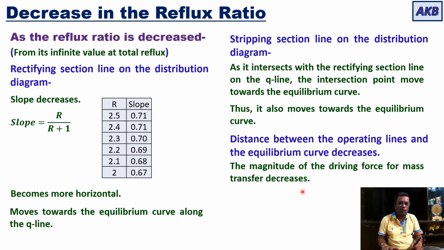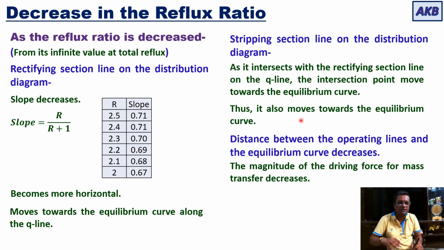Okay? So over here we have understood what happens if the reflux ratio is decreased. If the reflux ratio is decreased, the slope of the rectifying section line decreases. It becomes more horizontal and it moves towards the equilibrium curve along the Q line. As the intersection of the stripping section line and the rectifying section line occurs on the Q line, the intersection point moves towards the equilibrium curve.